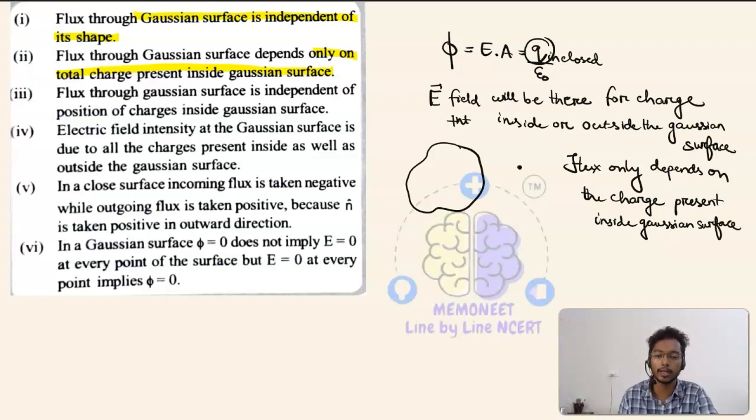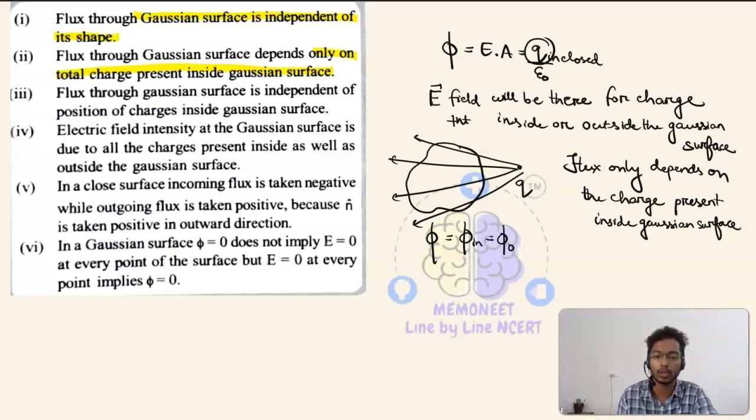So let's take an example here. Here we have charge q and it will generate the electric field like this. So phi will be what? Phi will be equal to the flux coming into the Gaussian surface and the flux emerging out of the Gaussian surface. This will be equal, that is phi in is equal to phi out.